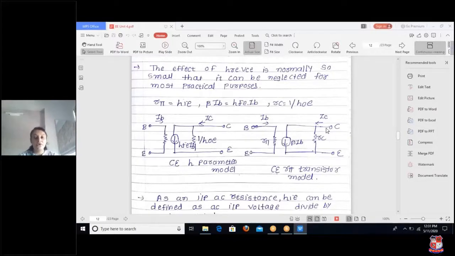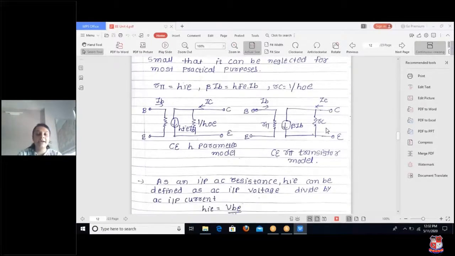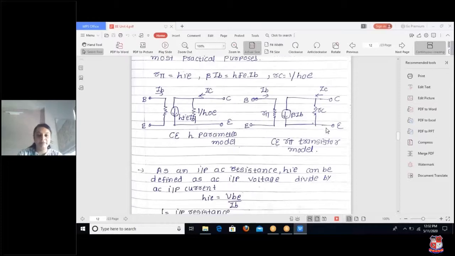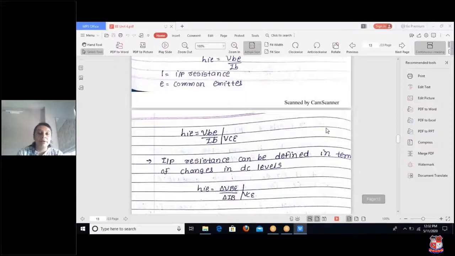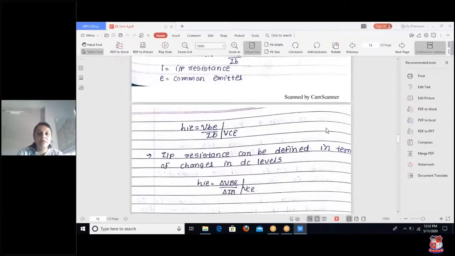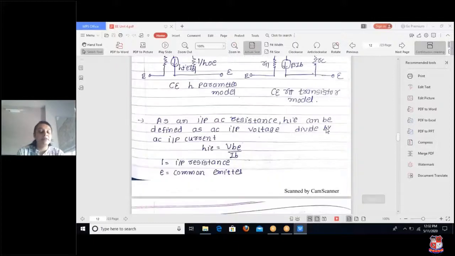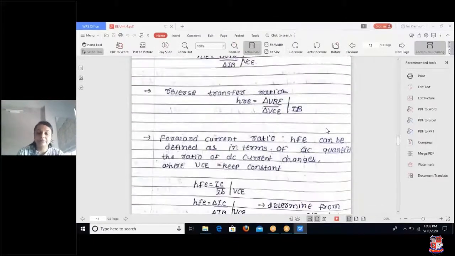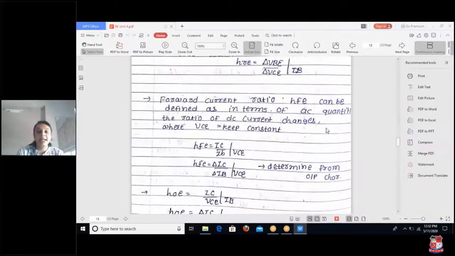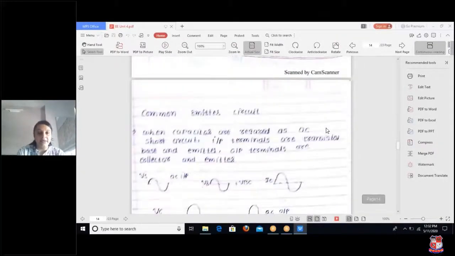In the same way, you can also draw the common base configuration and the common collector configuration. We already discussed all the parameters: HIE, HFE, HRE, and HOE.